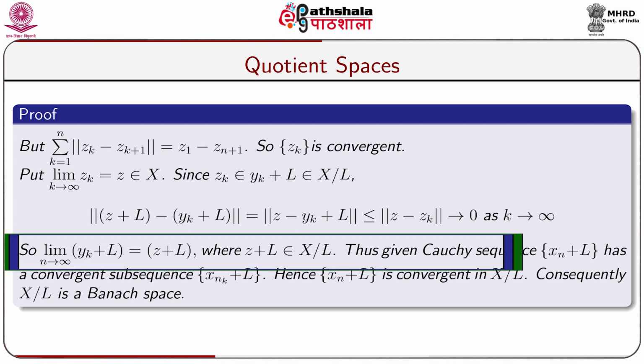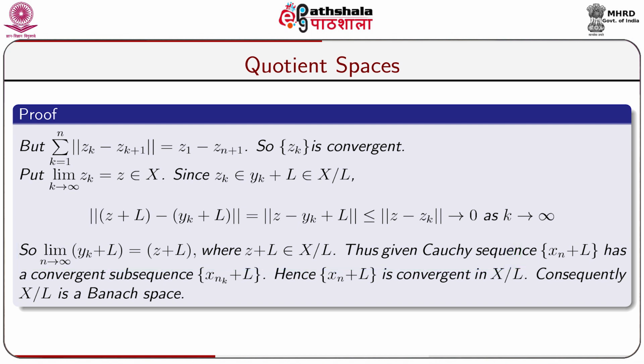This implies that the limit as k tends to infinity of yk + L is equal to z + L, where z + L belongs to X by L, because z belongs to capital X. This shows that the given Cauchy sequence xn + L has a convergent subsequence xnk + L, because yk is equal to xnk is assumed.